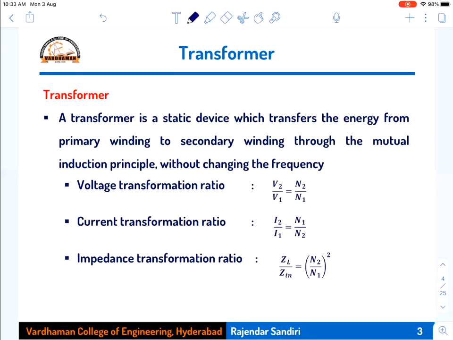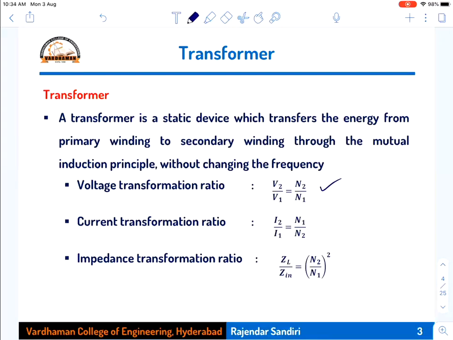So voltage is directly proportional to the number of turns. So V2 by V1 is equal to N2 by N1. That means the voltage in the secondary winding to the voltage in the primary winding is equal to the number of turns in the secondary winding to the number of turns in the primary winding. So this is a very, very important formula when we are calculating the output voltage of the transformer given the input voltage of the transformer and the turns ratio.